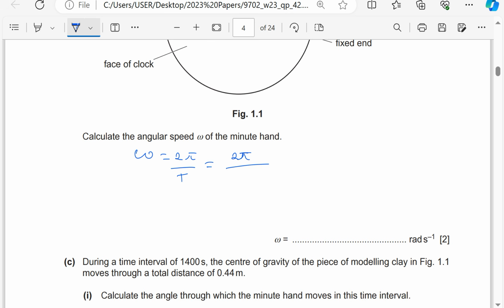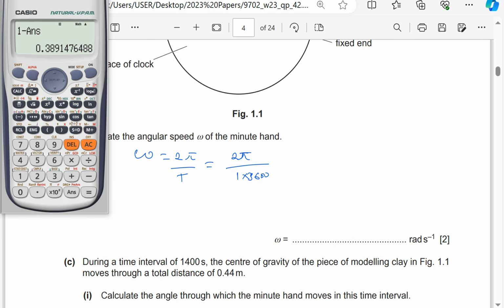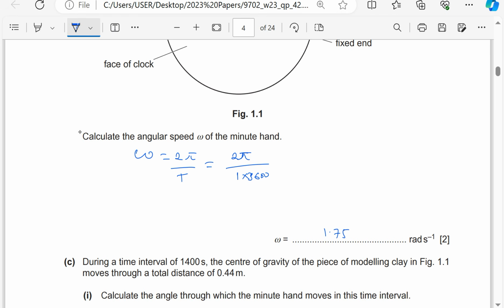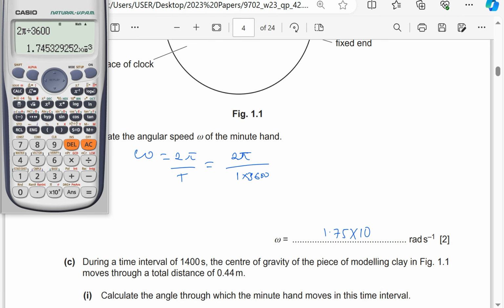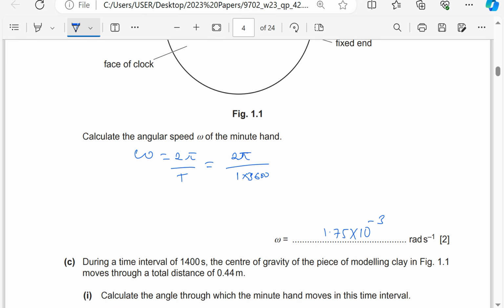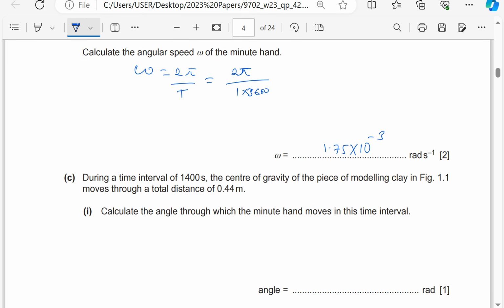The period is 1 hour, which is 1 times 3,600 to change it to seconds. So it is 2 pi divided by 3,600, that is 1.75 times 10 to the power of minus 3 radians per second, to 3 significant figures.